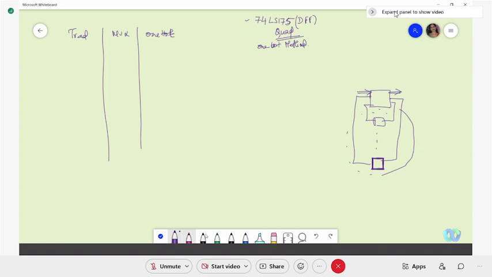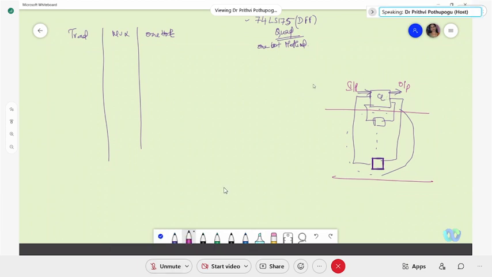What is the difference between this segment and this segment? One is the controller, another one is the hardware. Which one is the controller? Which one is the hardware?